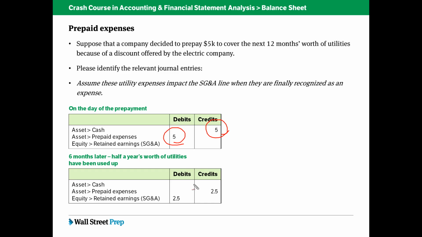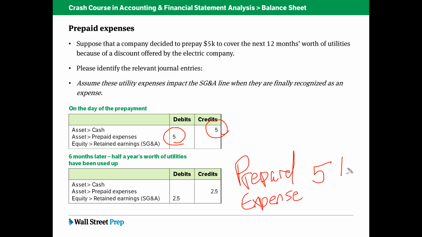And so what ends up happening is this prepaid expense account that's sitting on the balance sheet is going to go down from 5 down to 2.5. It's going to go down by 2.5. It's going to be a $2,500 credit.